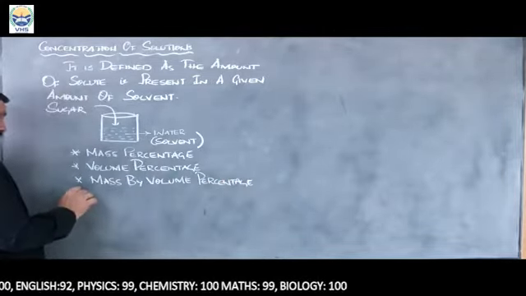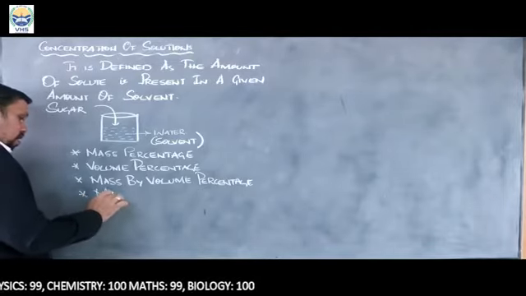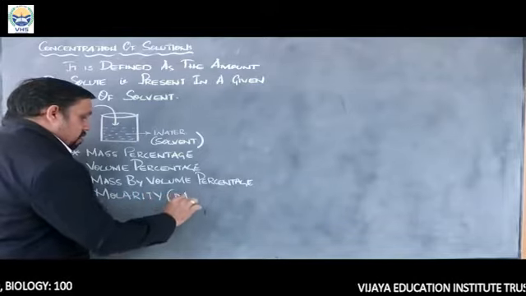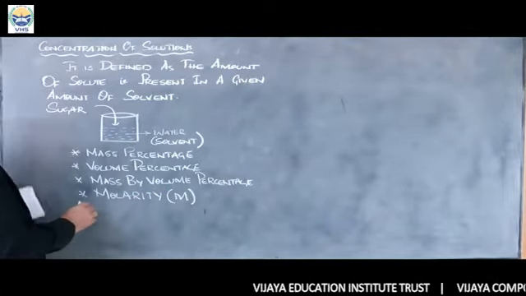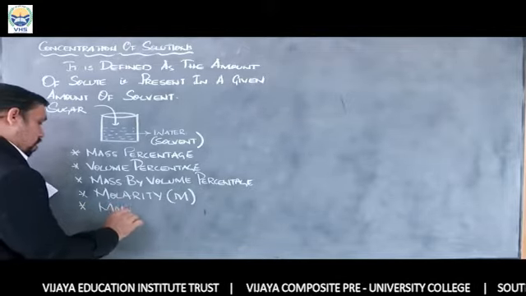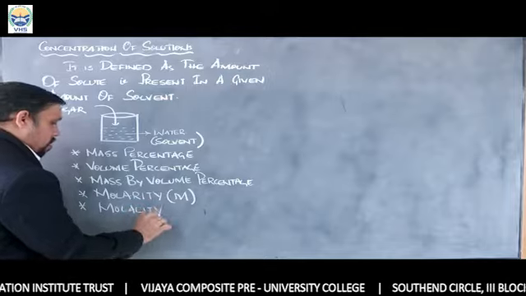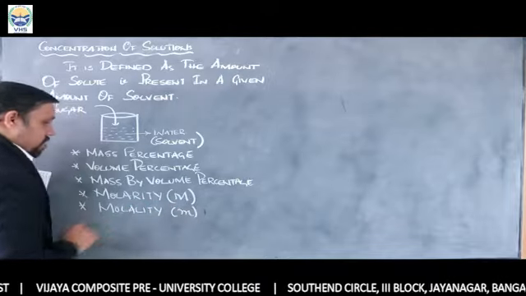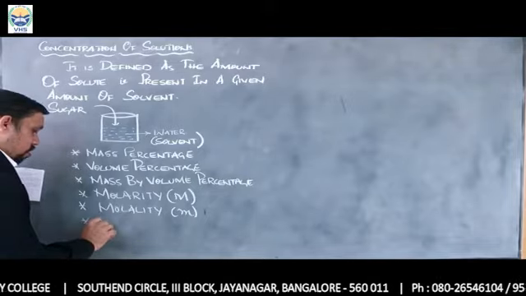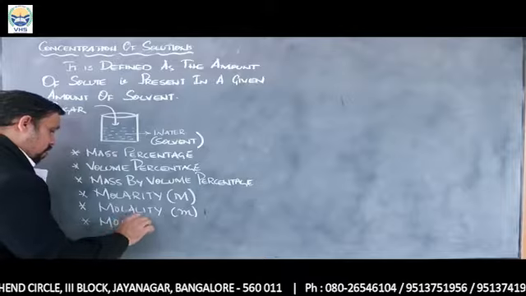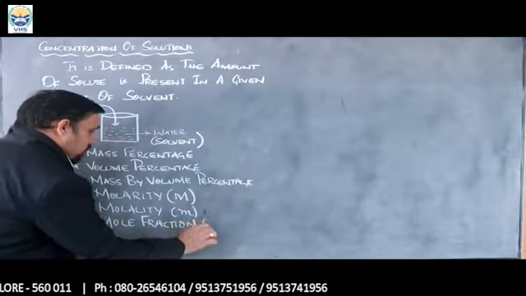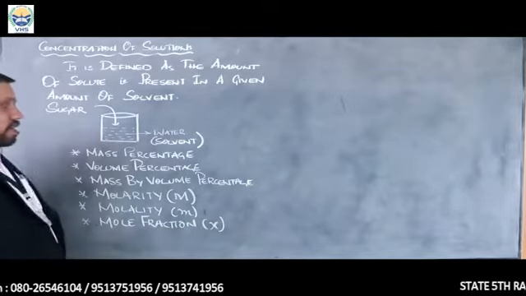Then you come across something called molarity, which is denoted as capital M. Then you study another concept called molality, which is indicated by small m. And then again you come across another concept called mole fraction, which is indicated by x.